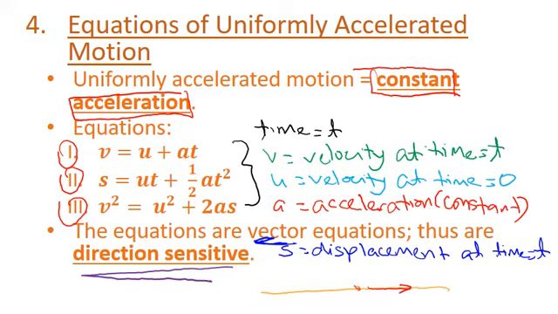You can also move to your left. So we have two different directions, right and left. In terms of vectors, right and left are opposite directions. So if you take to the right as positive, to your left will be considered negative. So when it comes to velocities and displacements, you have to be very mindful of the sign that you plug into your equation.